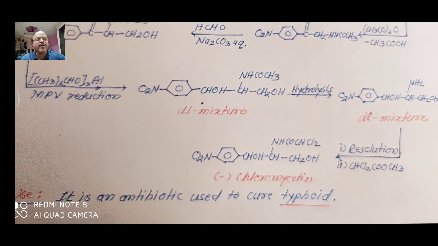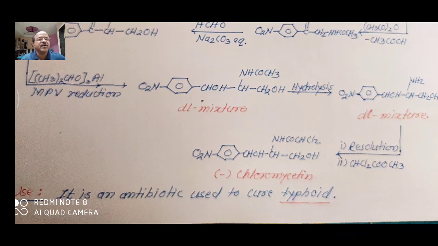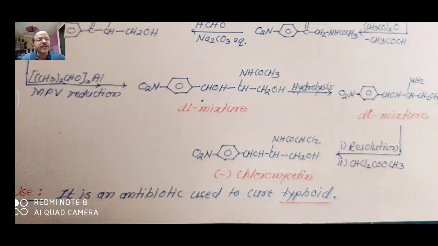Now this compound, this racemic mixture is resolved, which is called as resolution. So what is meant by resolution? We have to separate dextroisomer and levoisomer from the DL mixture. So this is called as resolution step.